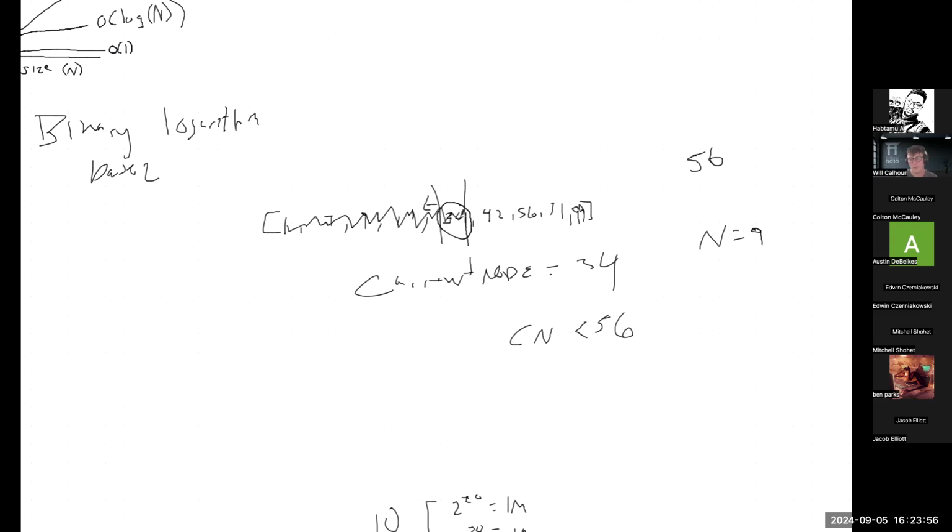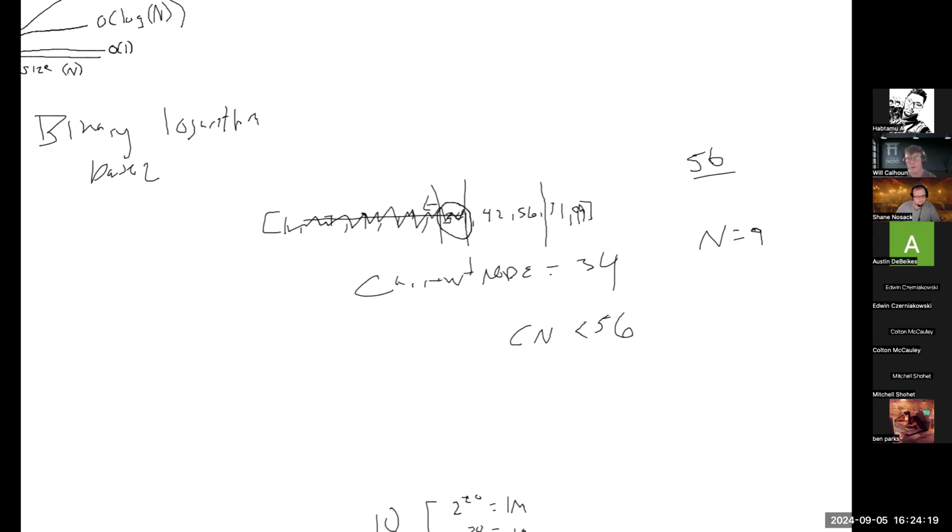I would also check, is my current node equal to my number? If not, is it less than or greater than? Because it's less than, I'm eliminating the half. Then I move to half of the remainder. Because I have an even number, I could pick either left or right.